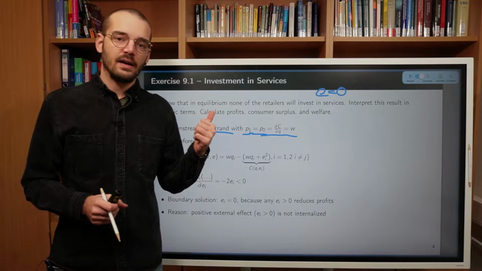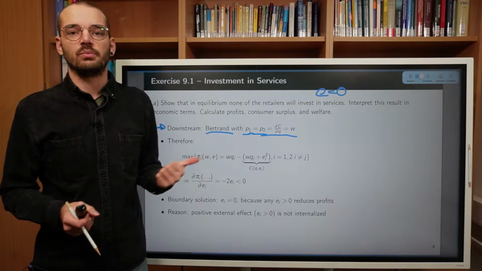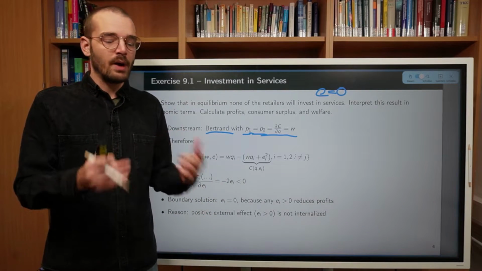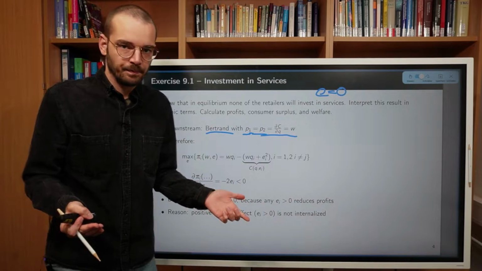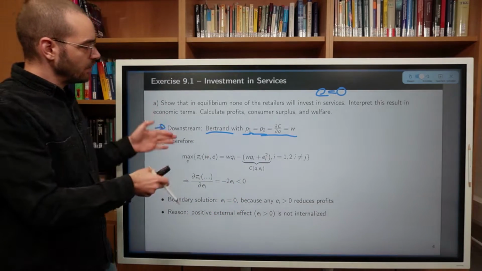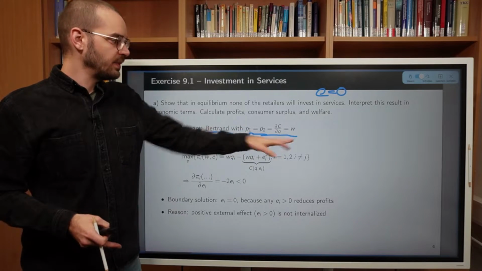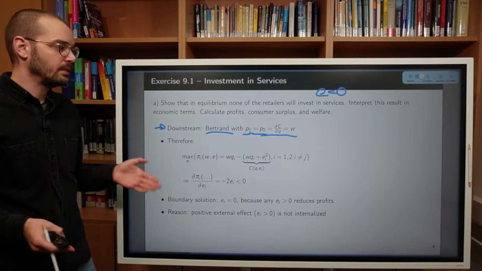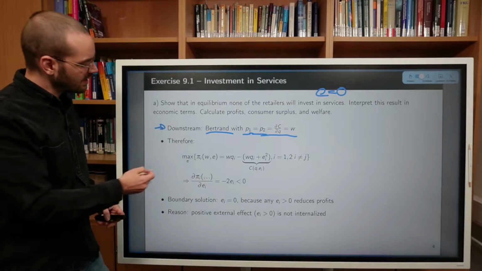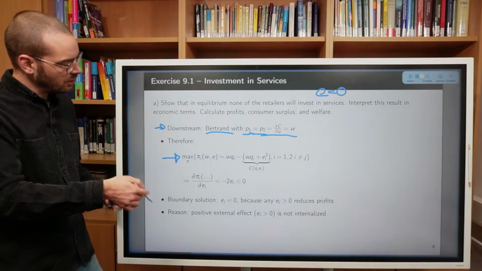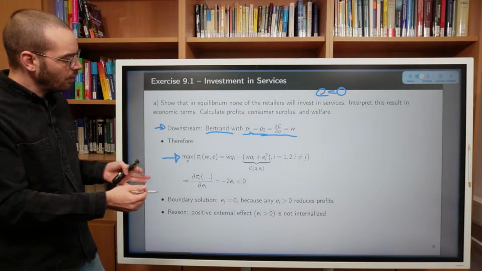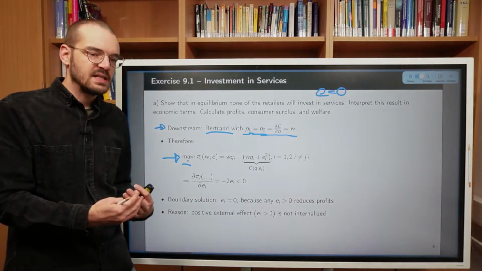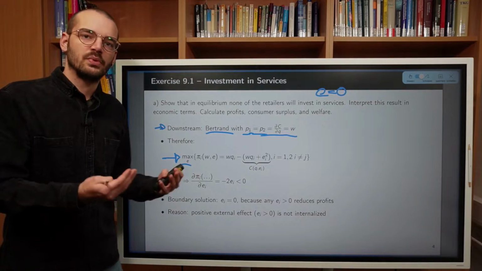First, setting the profit maximizing price, and second, setting the profit maximizing amount of services, E. Now we immediately know that the profit maximizing price will be equal to the wholesale price, so in this particular case we don't even have to worry about this anymore. Instead, the profit maximization on the downstream level now only needs to consider the profit maximizing amount of services provided.